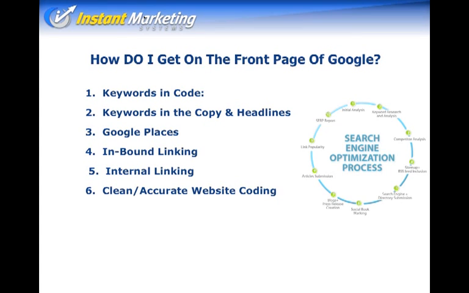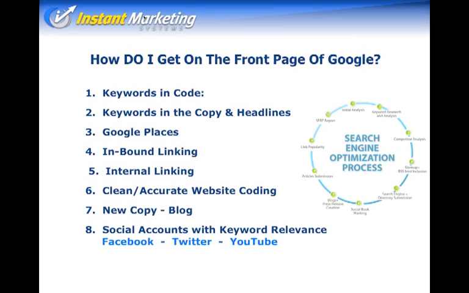They're looking for clean, accurate website coding. They're also looking for new copy. And they're looking for social accounts with keyword relevance on Facebook, Twitter, and YouTube. And they're also looking for all these keywords in the copy and the headline that's above the fold on your website. We'll get to that a little bit later, but that's very, very important.